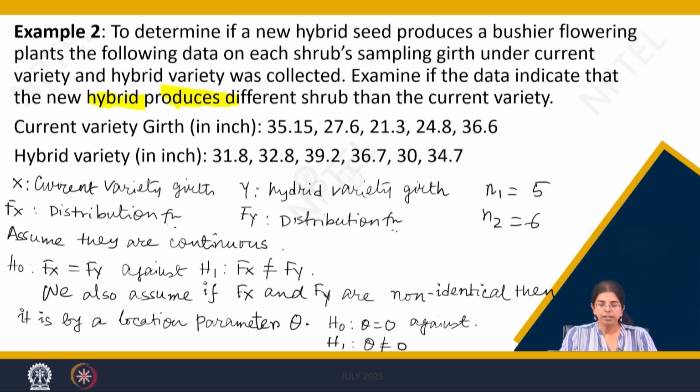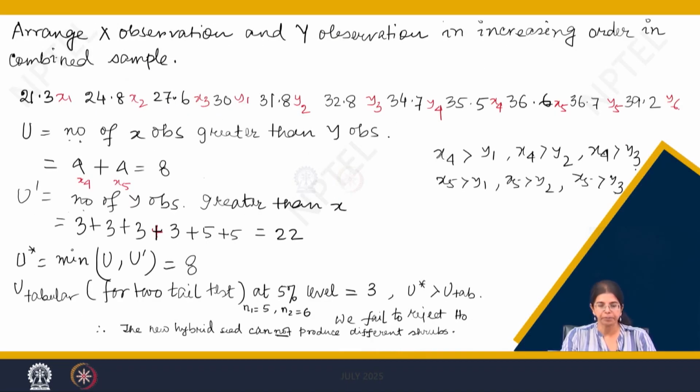So if it is a not equal to alternative hypothesis, you have to figure out both U and U prime. So first, arrange X observations and Y observations in increasing order in the combined sample. Find out U, that means how many X lagging behind Y. Find out U prime, that means how many Y lagging behind X. Because it is a two-sided test, figure out U star, which is the minimum of U and U prime, that comes as 8.